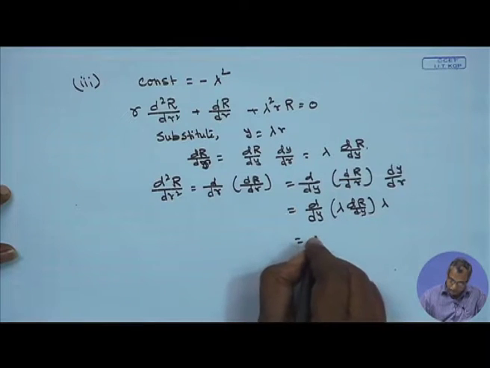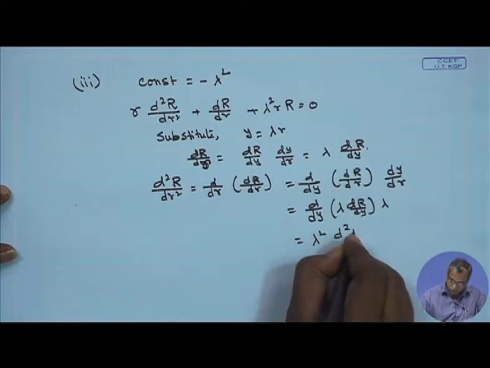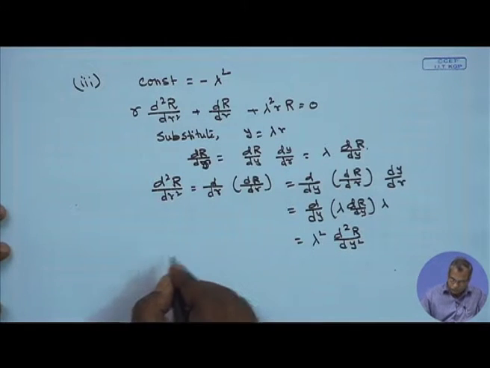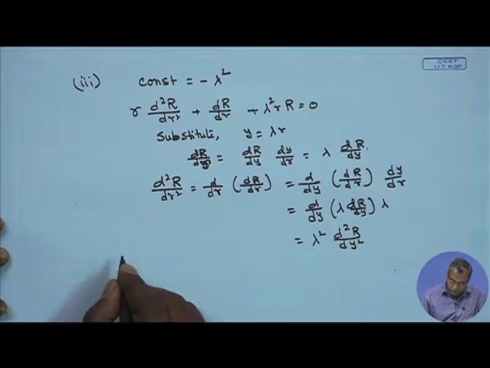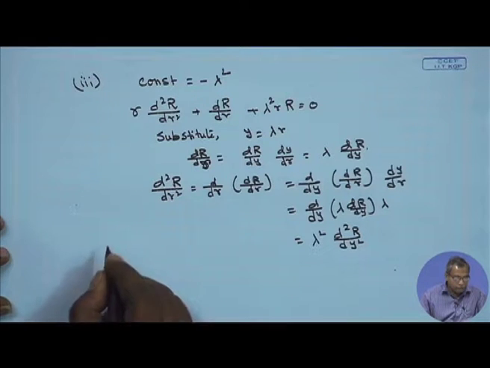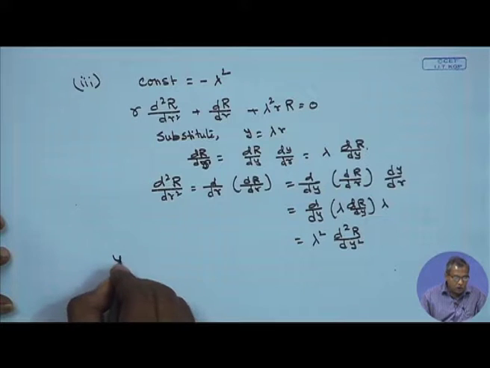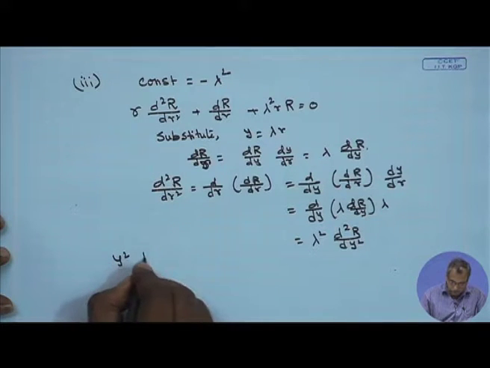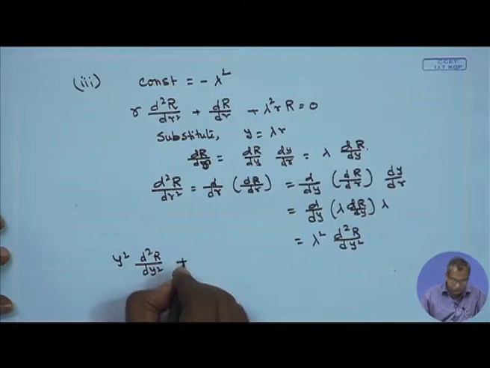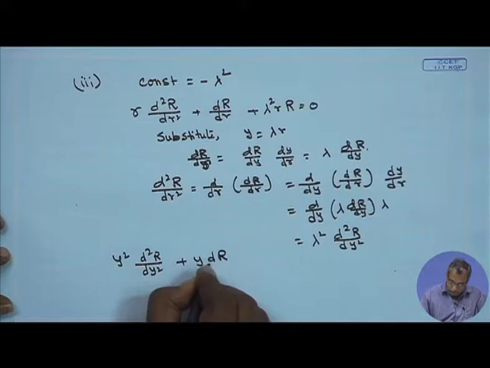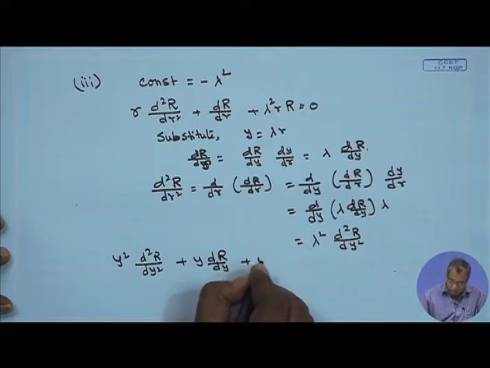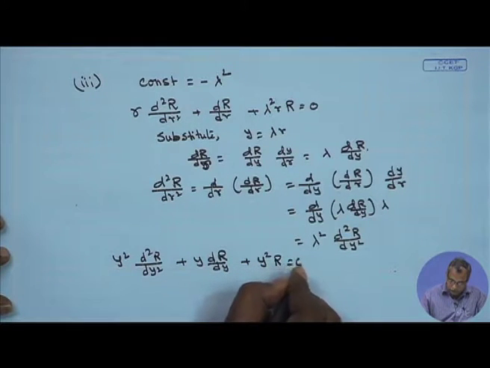So, it becomes lambda square d square R dy square. So, after substituting all this, we will be getting y square d square R dy square plus y dR dy plus y square R is equal to 0.